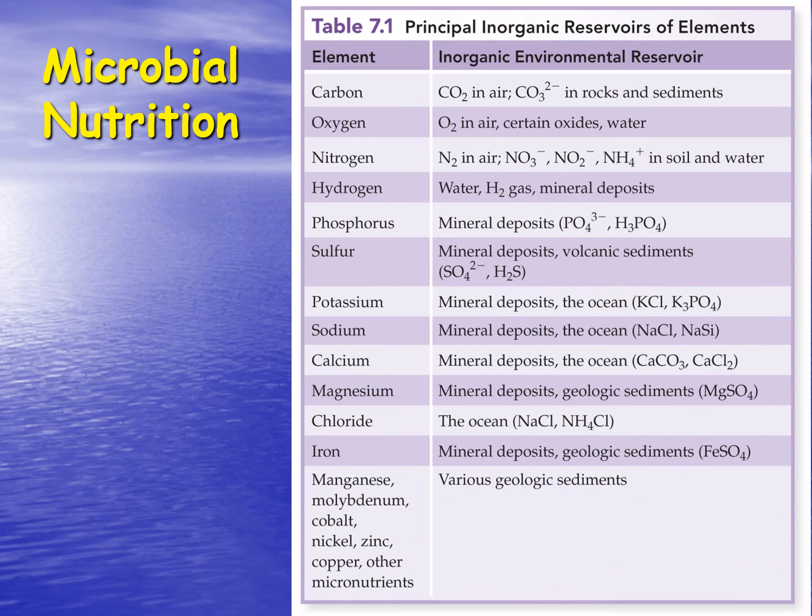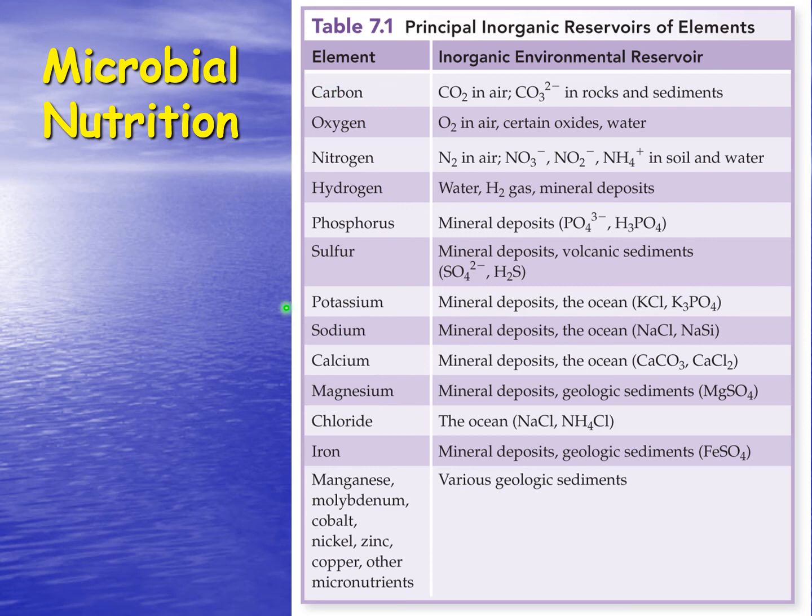So if we were to look at this table and look at the principal elements from the periodic table that are needed for living organisms, we certainly can see carbon, because all of life as we know it on Earth is a carbon-based life form. Certainly we need oxygen, nitrogen, hydrogen, phosphorus, sulfur, potassium, sodium, calcium, magnesium, chloride.